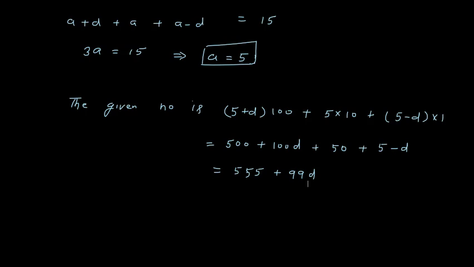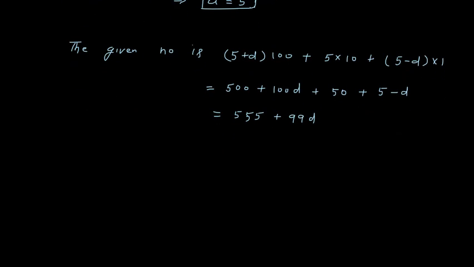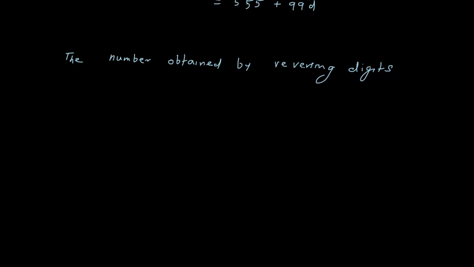And the number obtained by reversing the digits: at the hundreds position I now have 5 minus D, so 5 minus D is multiplied by 100.